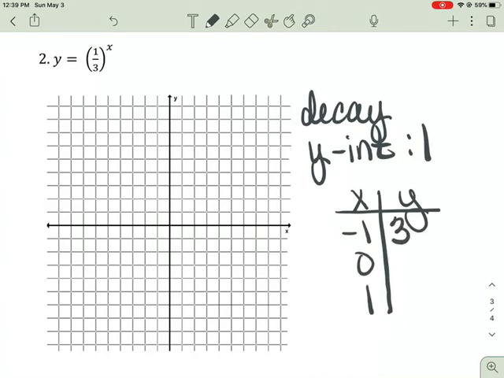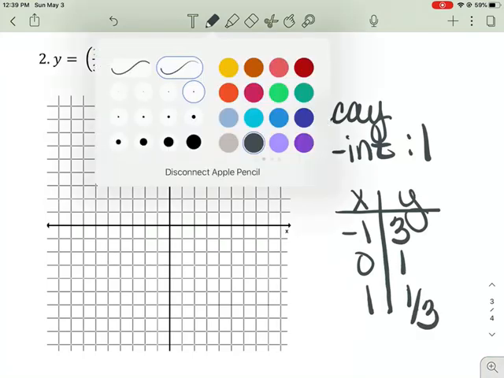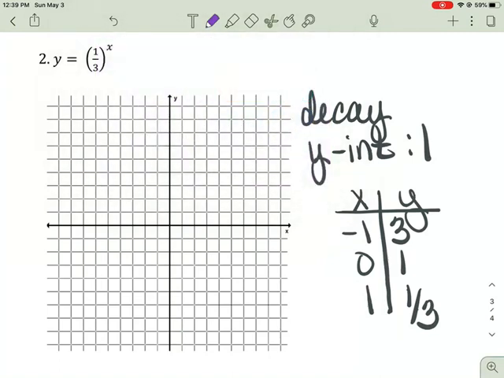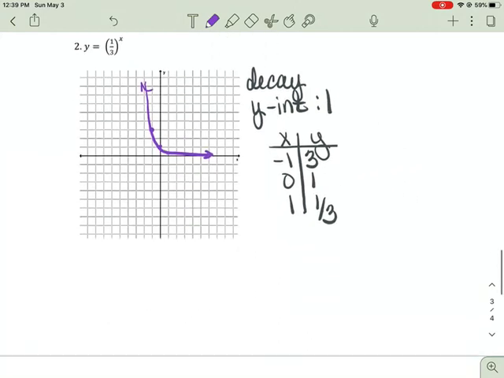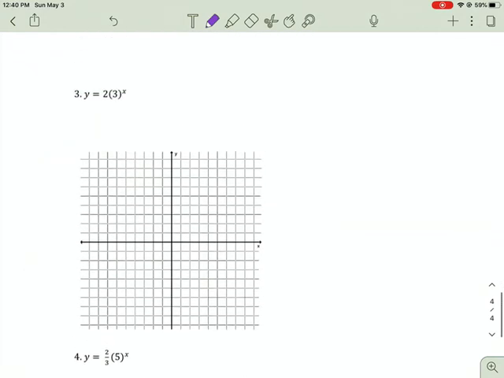So if I put in -1, 1/3 to -1 is 3. This is going to be 1, and this is going to be 1/3. All right, so over -1 up 3, 0, 1, and over 1, 1/3. So this again is a decay, so we know it should look decreasing.